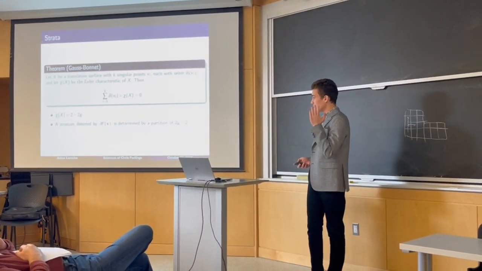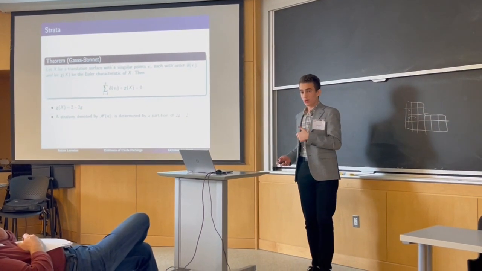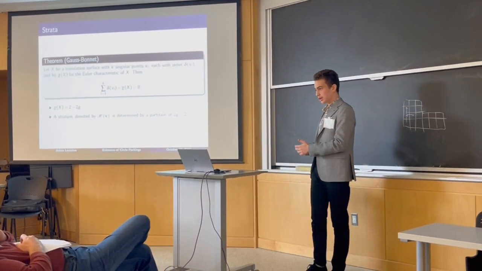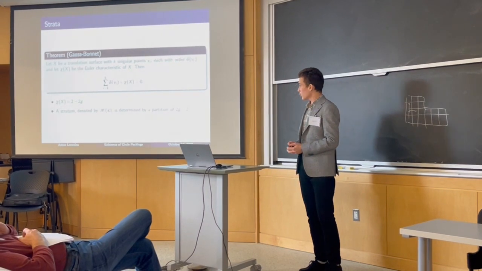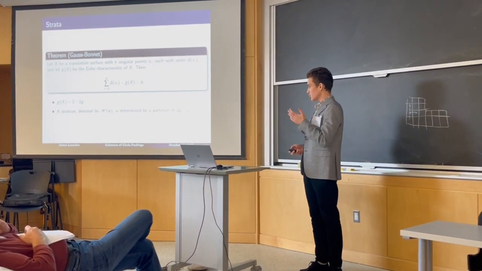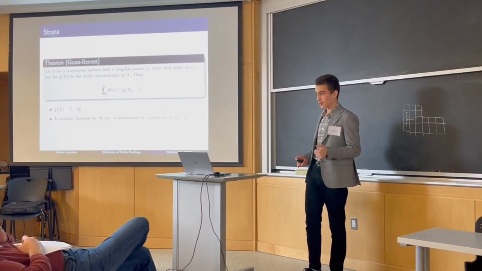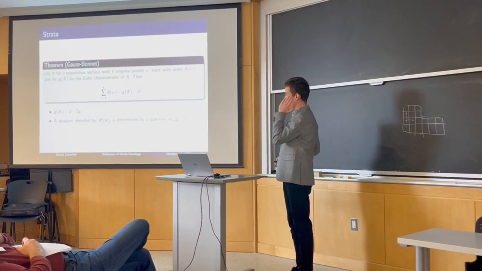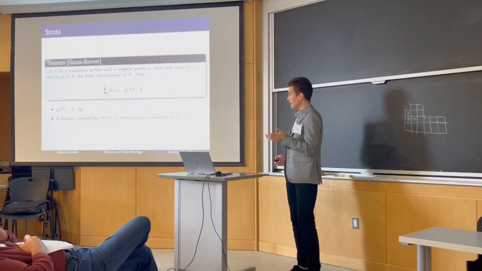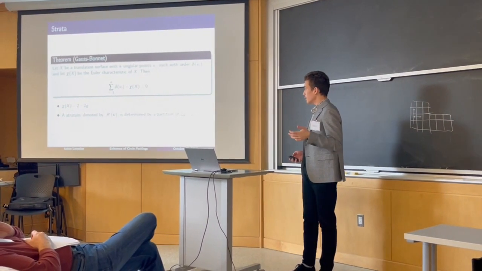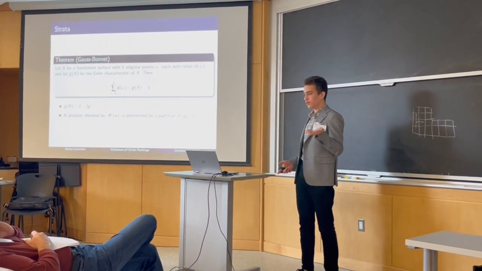All right, so now we define the concept of a stratum, which will be important not only for classification of translation surfaces, but also for relating the numbers and orders of singular points to the genus. So first off, we have a surface X with k singular points, v_i, and they each have order delta of v_i.